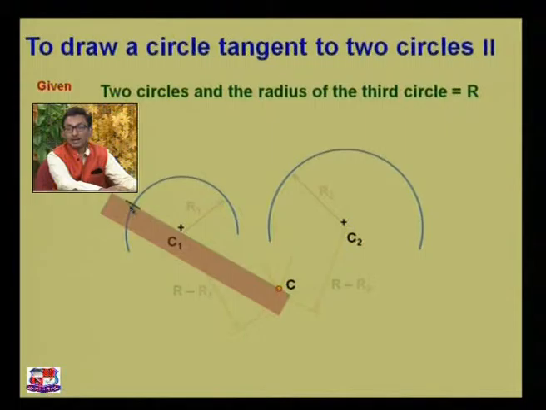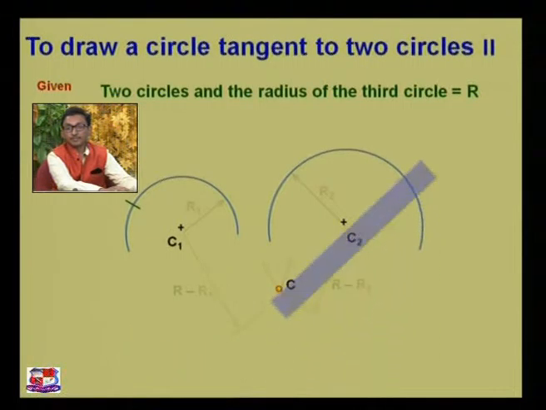Mark a point where the line intersects the circle. Similarly, on the other line, put the scale so that it passes through C and C2 and intersects this circle, and mark a point.